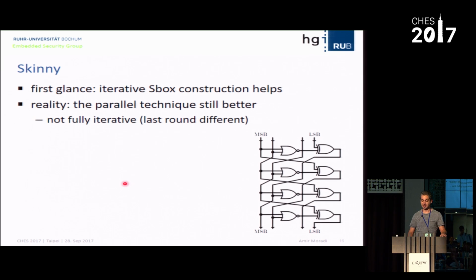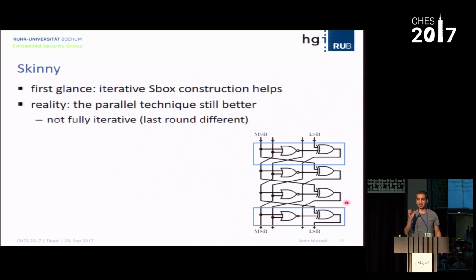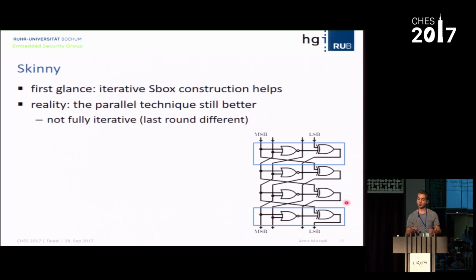The reason is that it's not fully iterative: if you look at the first, second and third rounds, they are the same, but the last one is different, meaning the permutation at the end is different. This makes it harder to implement a fully serial architecture. Since the S-box itself was small enough, the parallel implementation was efficient enough.